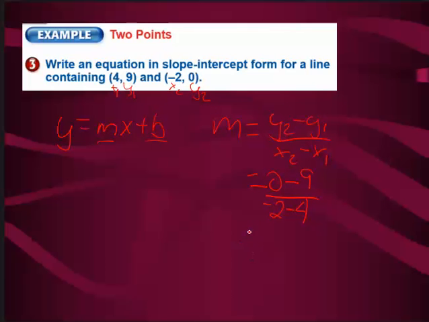Now let's continue on here. 0 minus 9 is negative 9. Negative 2 minus 4 is negative 6. Negative over negative is a positive, and 9 over 6 will reduce. I can divide both of these by 3. I have to be able to divide them by the same number to simplify, and I get 3 over 2.